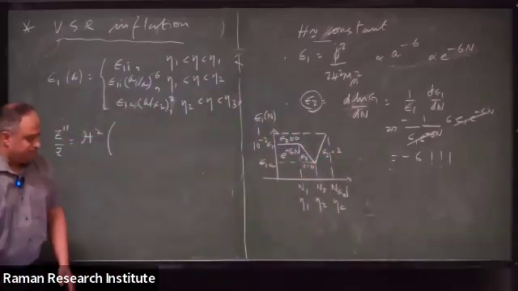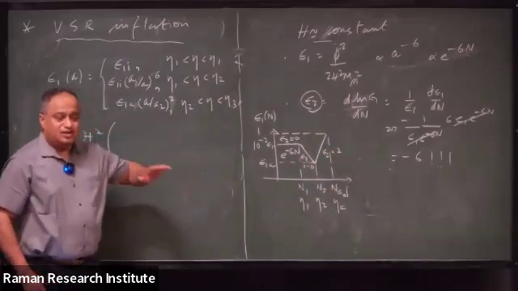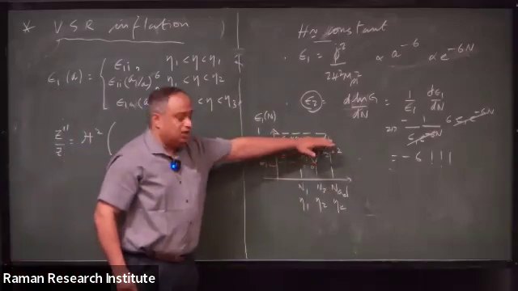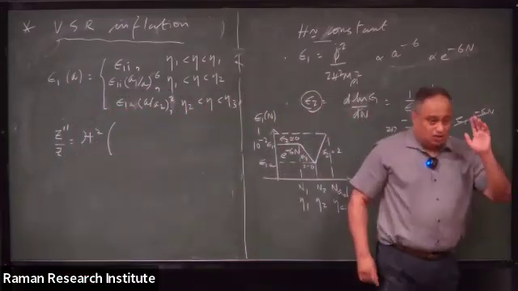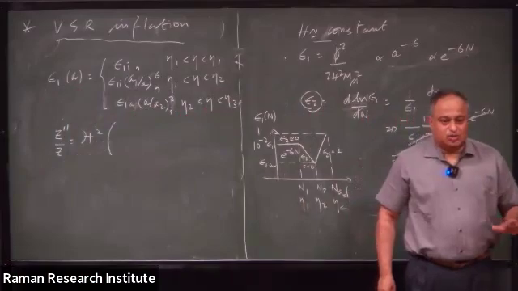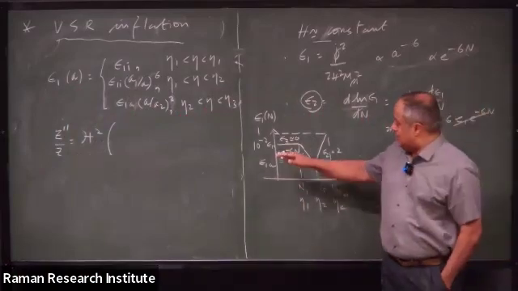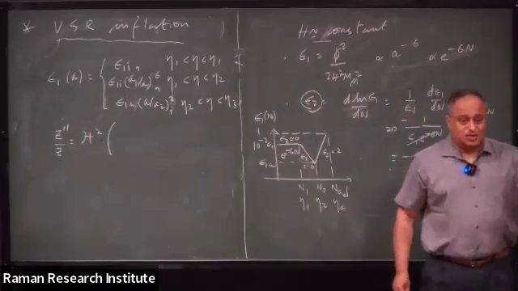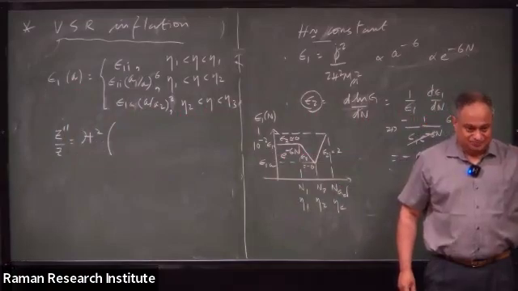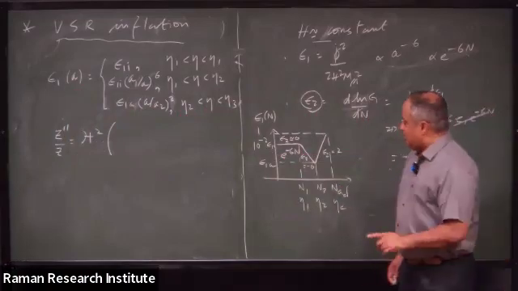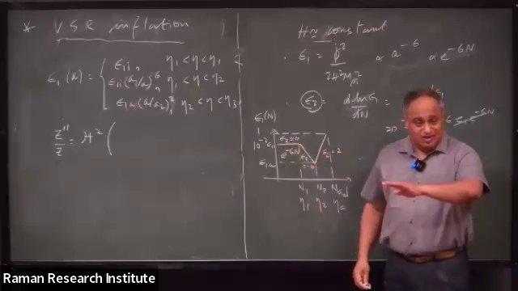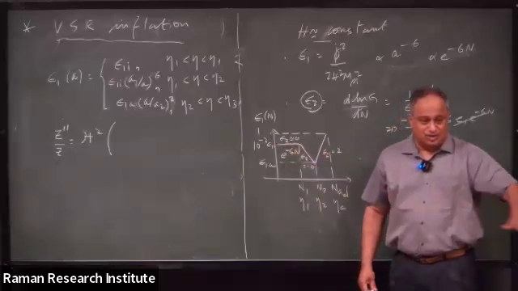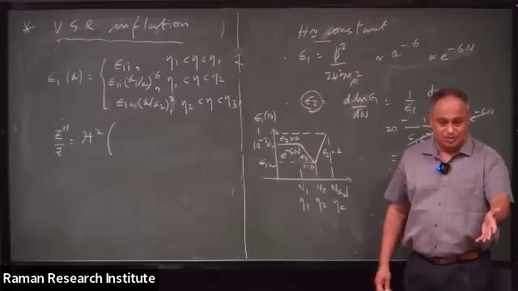It's straightforward. We are assuming that at all times until close to the end of inflation, epsilon1 is of the order of 10 to the power minus 2 or small, which means that the de Sitter approximation is remarkably valid. Here, we are assuming epsilon1I is a constant, which means epsilon2 is 0.